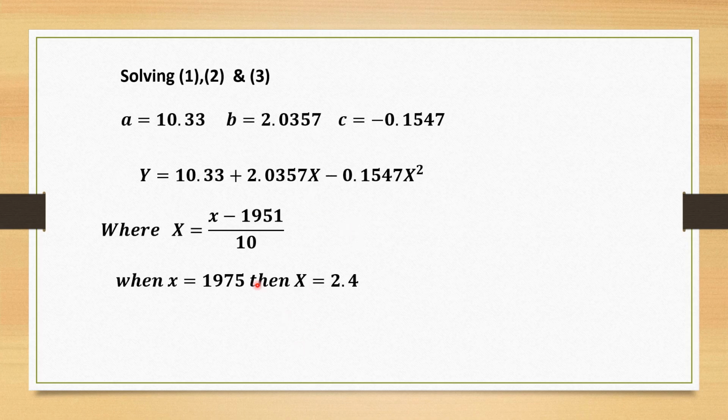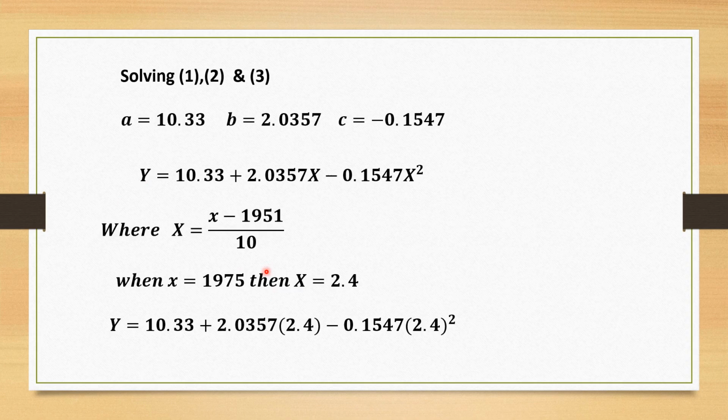This is a second degree curve. We have to replace x by x minus 1951 upon 10 and then when x is 1975, we are calculating the value of capital Y. So capital Y is same as small y. That is why the answer comes out to be 14.32.